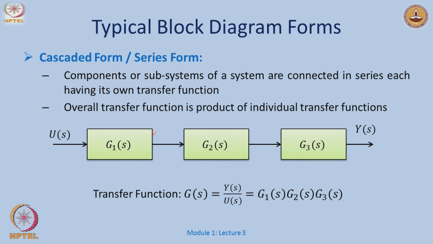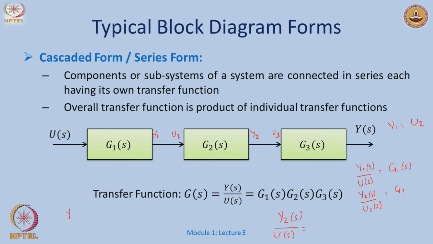Let me call this Y1, this U2, this Y2 and U3, and so on. For G1, Y1(s) over U(s) gives me G1(s). Similarly, for G2, this will be the ratio of Y2(s) over U2(s). Y1 is U2, Y2 is U3 and so on.